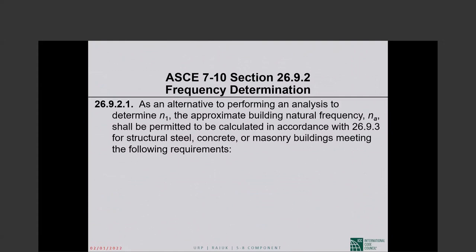Instead of calculating n sub 1 by eigenvalue analysis, as we call it, by sophisticated analysis on the computer, you are allowed to calculate an approximate frequency n sub a by using formulas given in ASC 710. As an alternative to performing an analysis to determine n sub 1, the approximate building natural frequency n sub a shall be permitted to be calculated in accordance with section such and such.